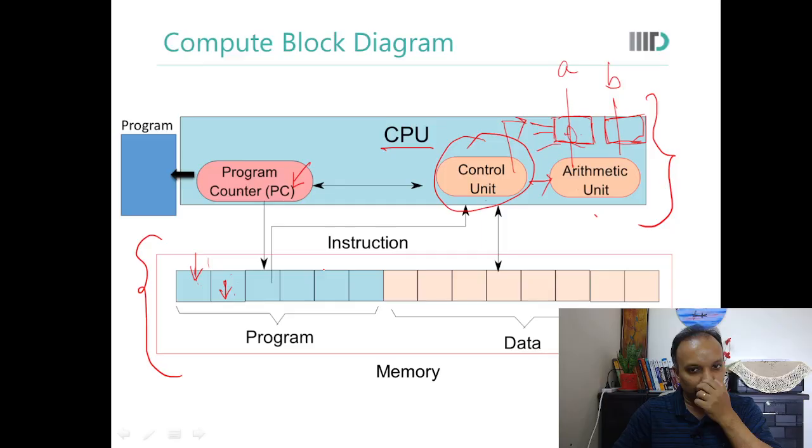We will talk about the program counter in more detail later as well. Just to reiterate, we have the CPU, which has the program counter, control unit and ALU, and we have memory where our program and data reside. So, this is at a very top level how our computer block diagram looks.